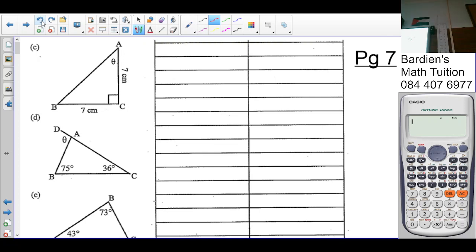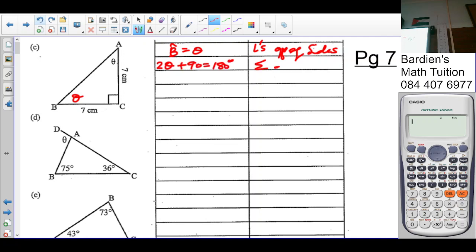So what do we say? That angle B is equal to theta. Why? Angles opposite equal sides. So what do we say now? Theta plus theta, which is 2 theta, plus 90 is equal to 180.